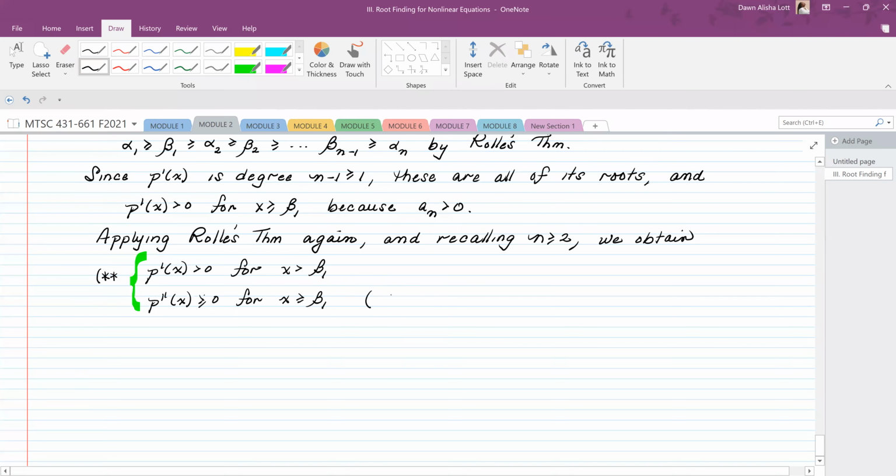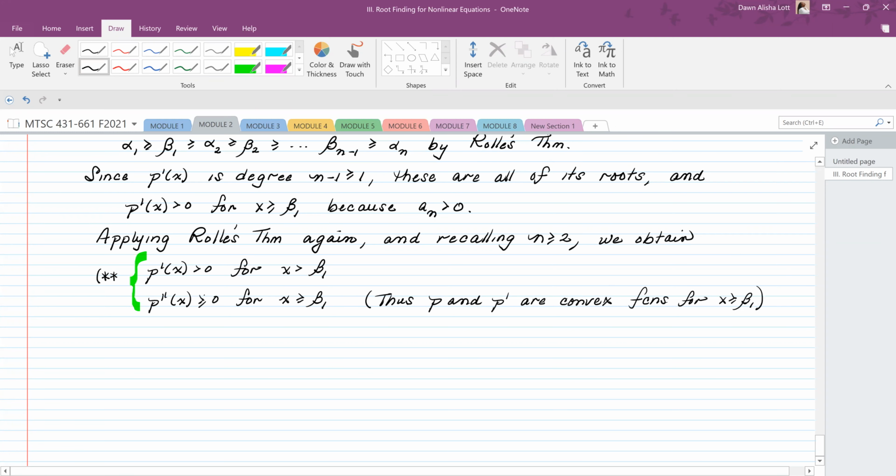So thus P and P prime are convex functions for x bigger than or equal to beta 1.